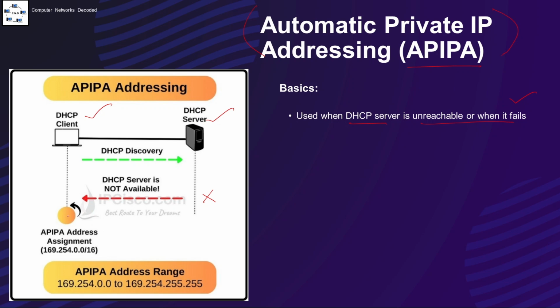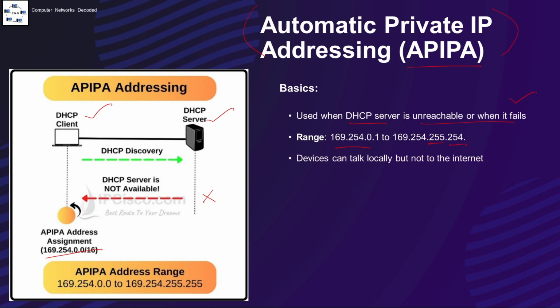So here the client is automatically assigned an IP address in this range. Who assigns this IP address? It is automatically assigned by the operating system. So if you are using a Windows laptop, it will get an IP address in this range automatically. And the range is 169.254.0.1 up to 169.254.255.254.